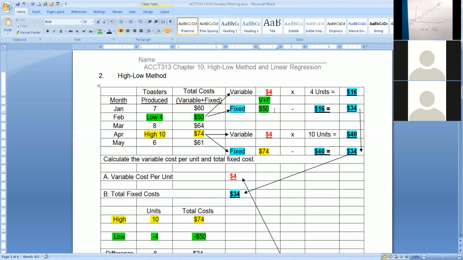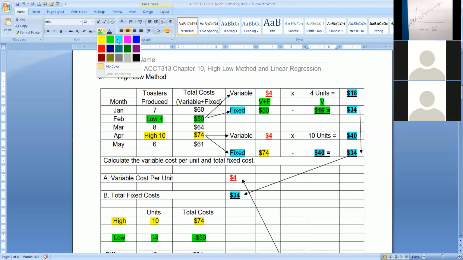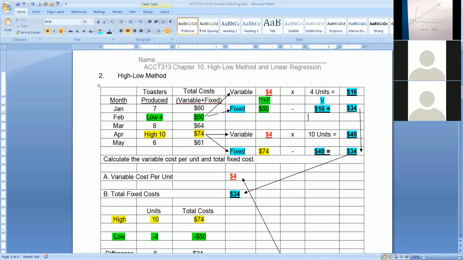When you come over here, we're really just minusing the variable. So if variable and fixed are 50, and the variable is 16, then the fixed is 34.